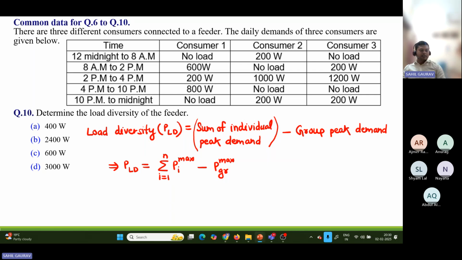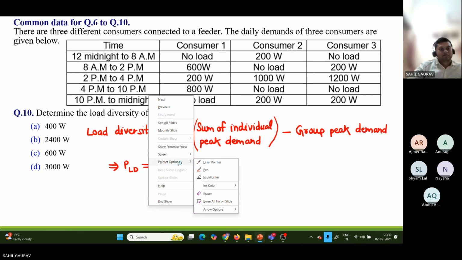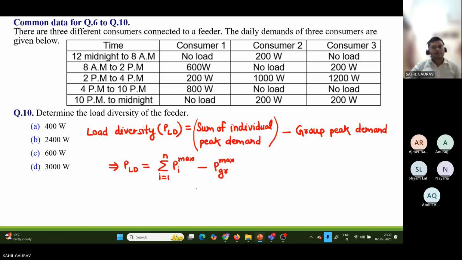So what is the correct answer? Again, I am giving you a hint.